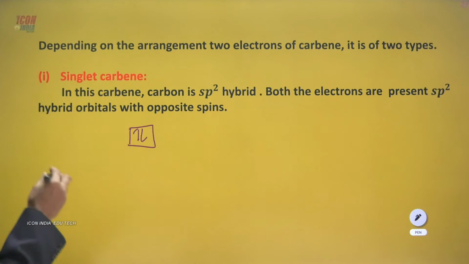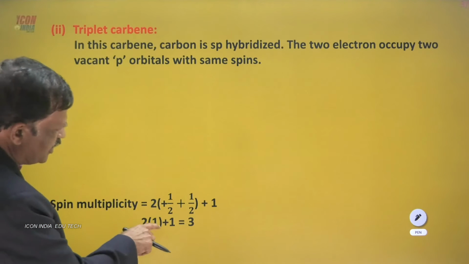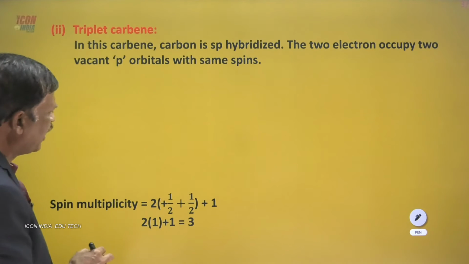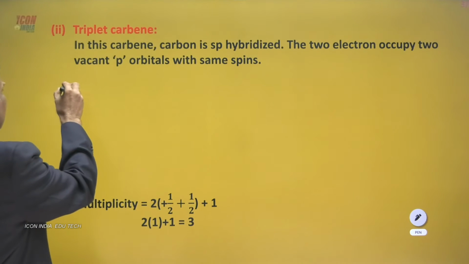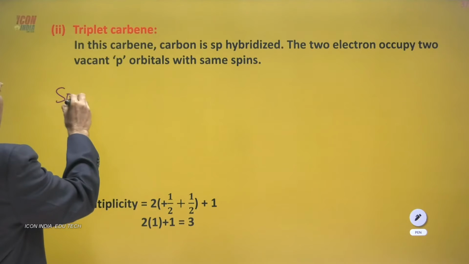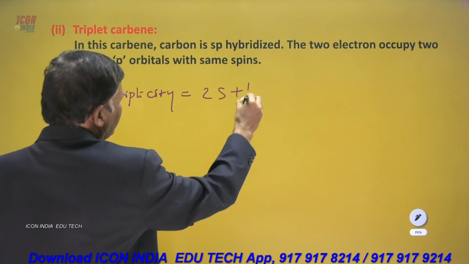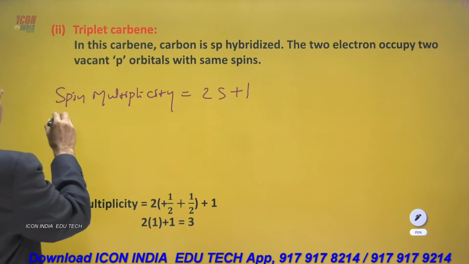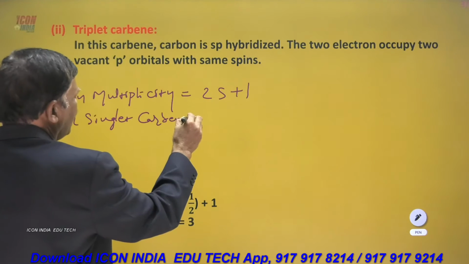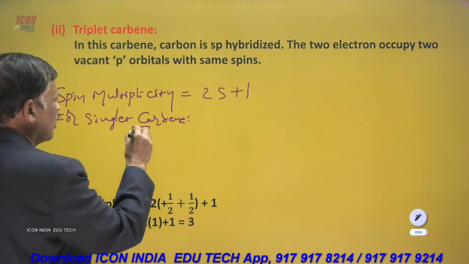Let's calculate that. See here, we are calculating spin multiplicity. The spin multiplicity formula is 2S plus 1. Here S is the total spin value. For example, in case of singlet carbene, both the electrons are present in the same orbital.